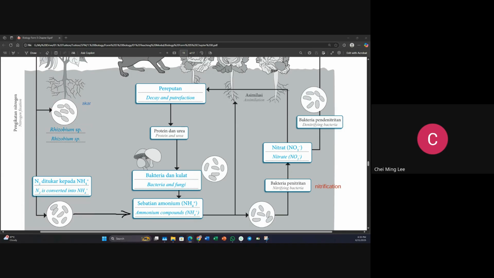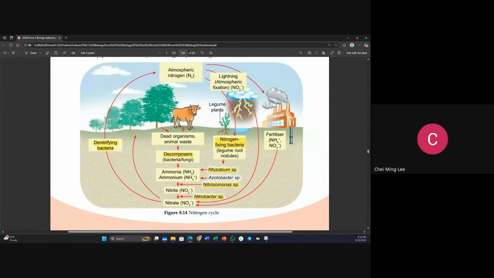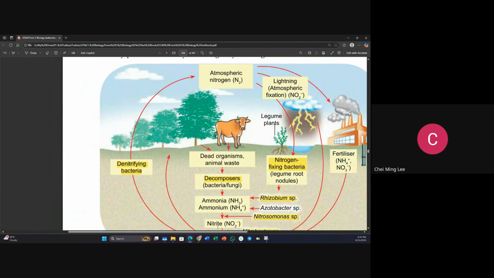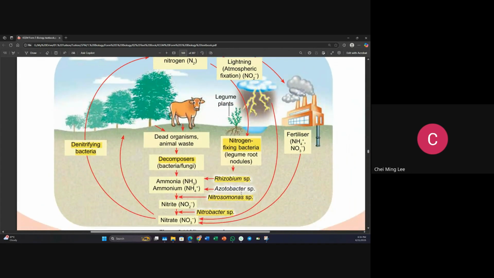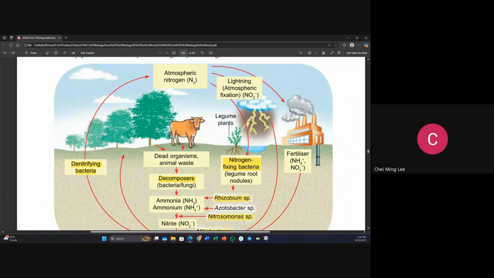Yeah. So I think your textbook one will be a bit more clear somehow. Okay, so this is the nitrogen cycle in your textbook. It seems a bit more clear, so I will use this one, it's easier.